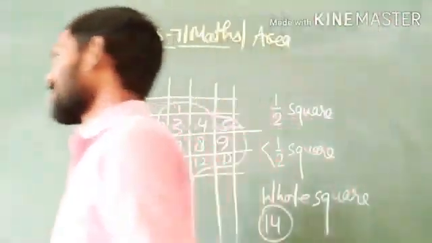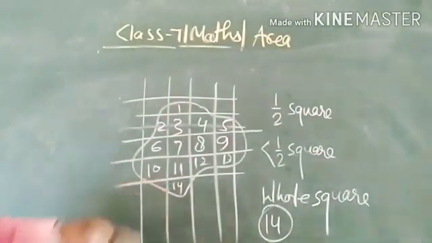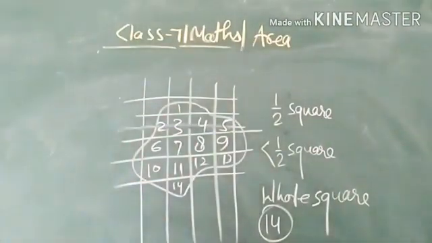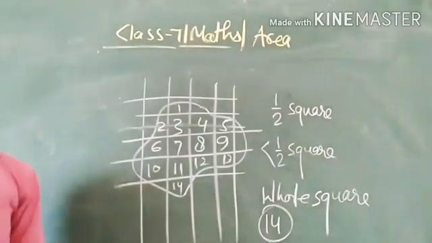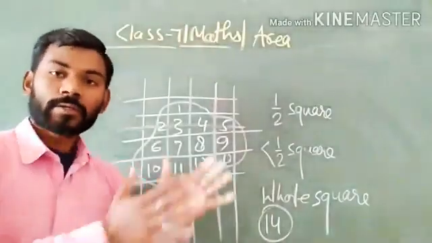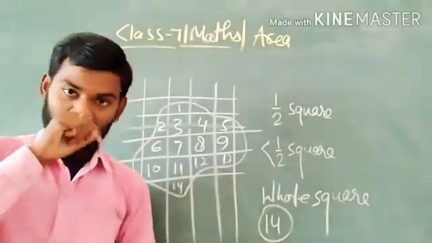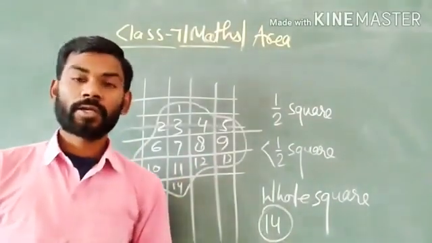Therefore 14 will be the area of this irregular figure. We shall use such a process in order to get the area of an irregular figure.